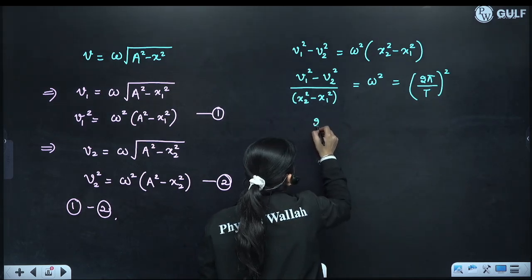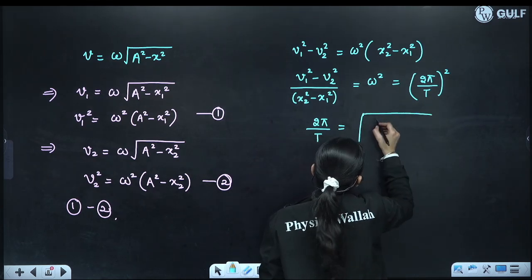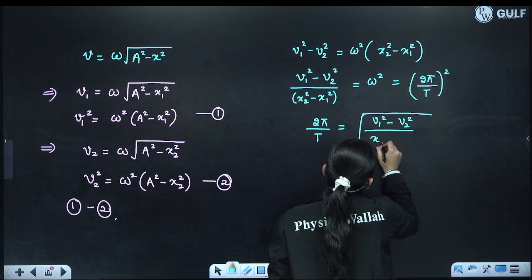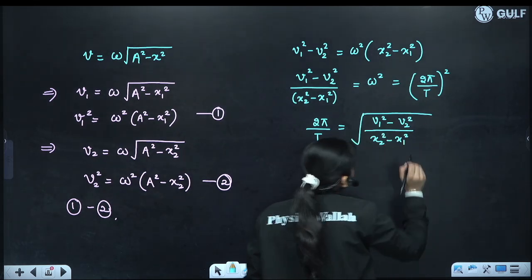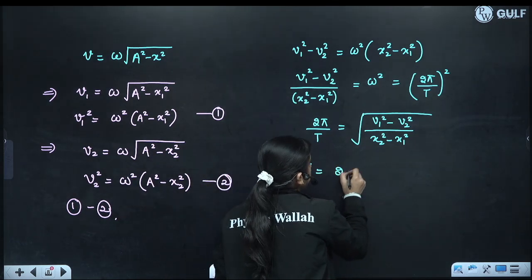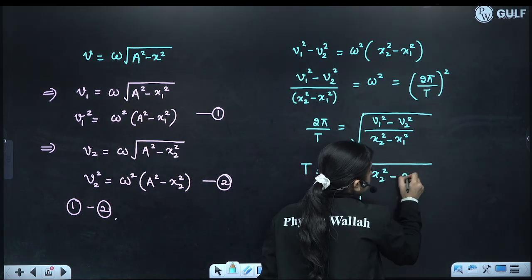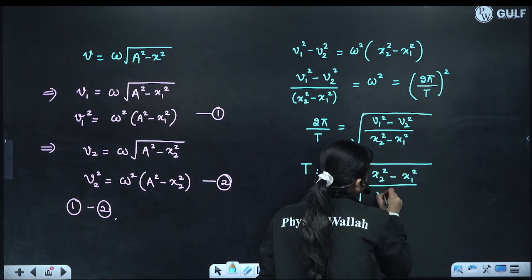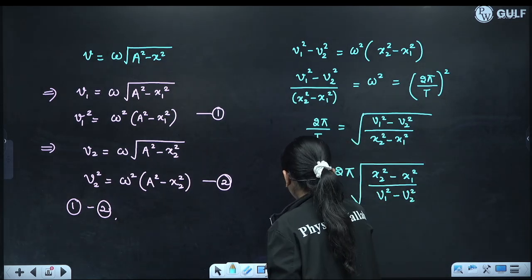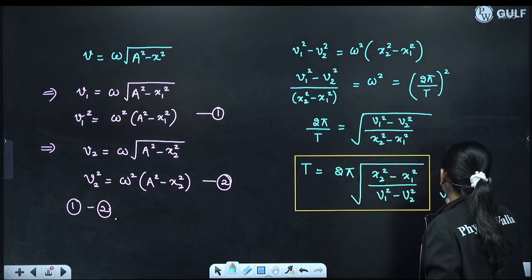So 2 pi by T is equal to under root of v1 square minus v2 square divided by x2 square minus x1 square. So T is equal to 2 pi under root x2 square minus x1 square divided by v1 square minus v2 square. This is what we get as the answer.